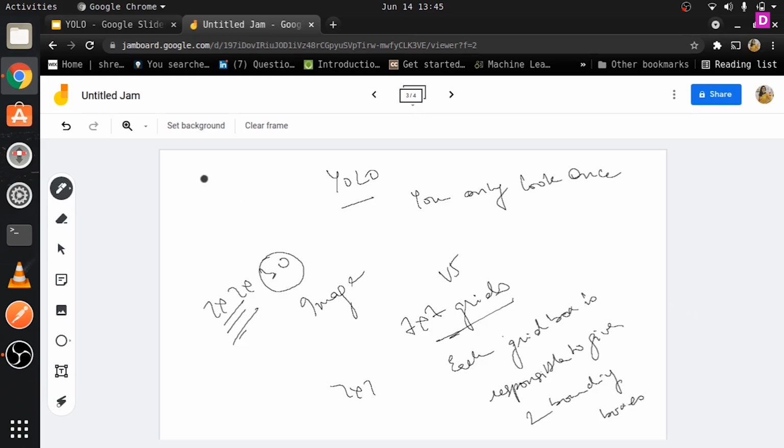If you remember when we talked about Faster R-CNN, it gave out 256 boxes, and we had 9 anchor boxes, each box being responsible for 9 anchor boxes. With SSD, each grid or feature map was responsible for either 4 or 6 anchor boxes. Here we have YOLO, and YOLO is responsible for giving out 2 bounding boxes.